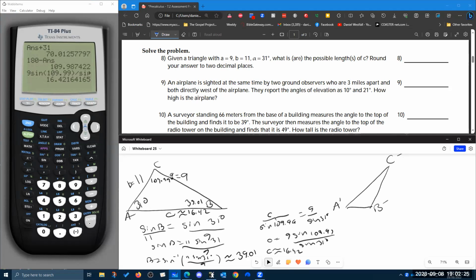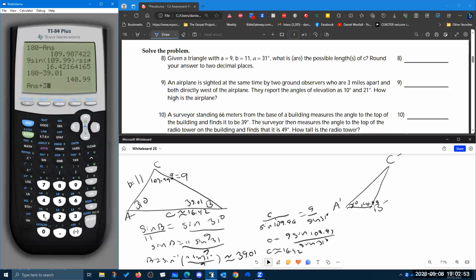Let's figure out if we're done by figuring out what the other angle B could be here. We took 180 minus 39.01, and we would get the possibility of 140.99 to go with our angle A that hasn't changed.